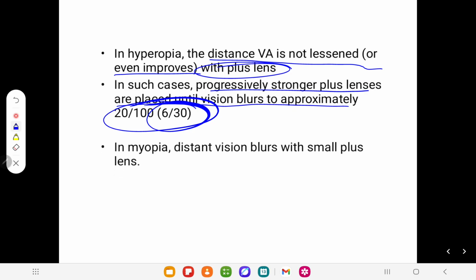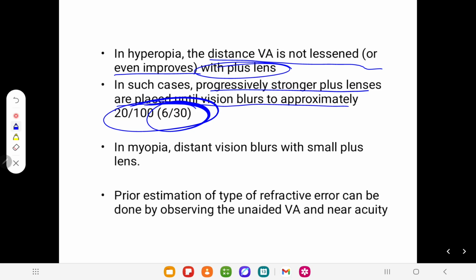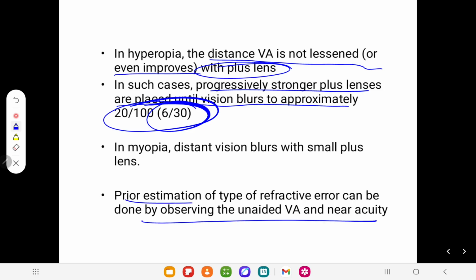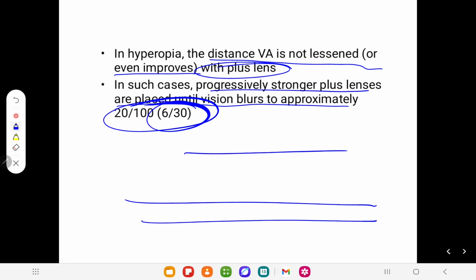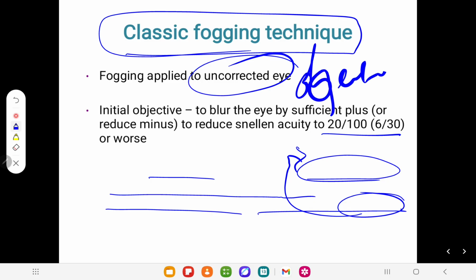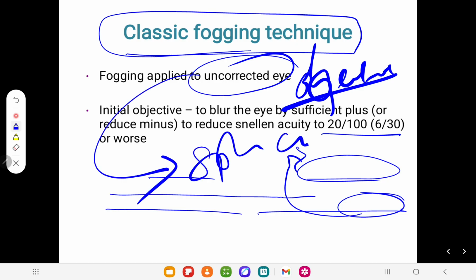Okay, in myopia, distance vision blurs with a small plus lens, and prior estimation of the type of refractive error can be done by observing distance visual acuity and near acuity. The classic fogging technique is another technique they mention in the boards, but it's always better first to correct the eye with the objective refraction, not just the sphere but the cylinder too.